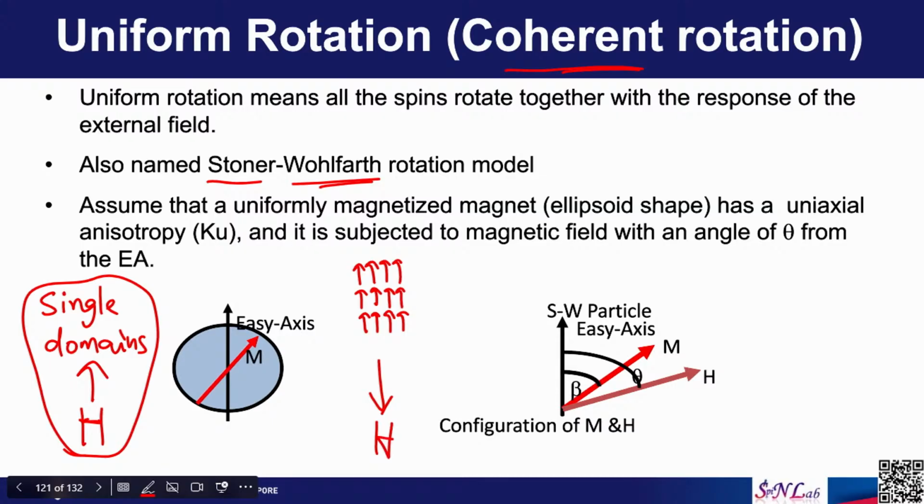So, when they go from up to down, at some point of time maybe all the spins are like this. Okay. At another point of time they may be all like this.